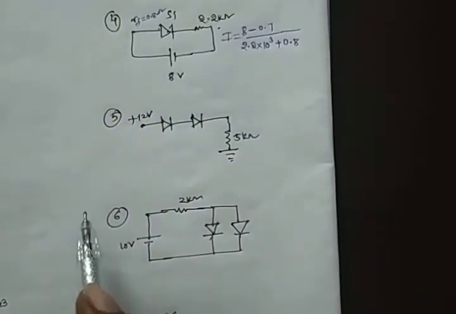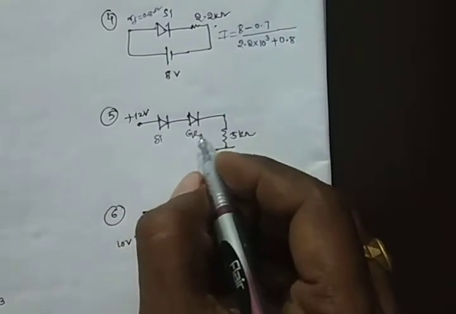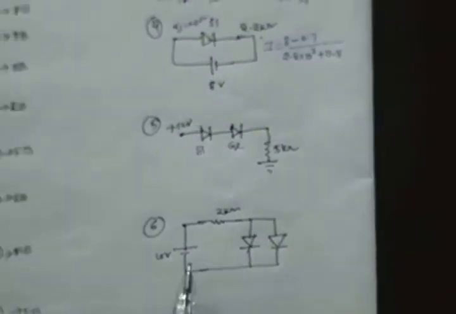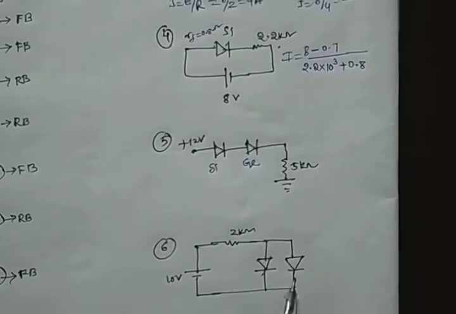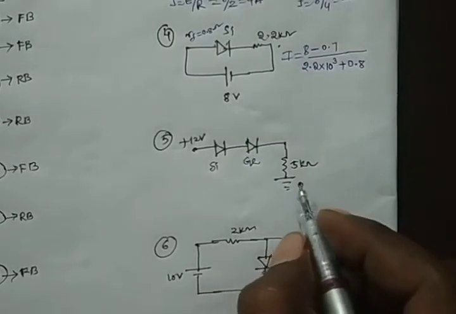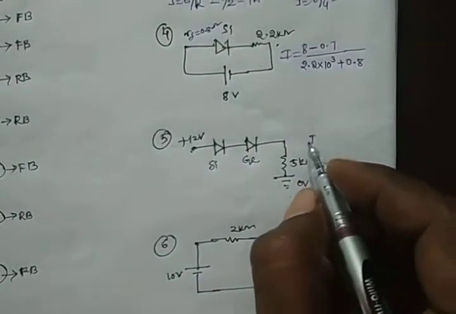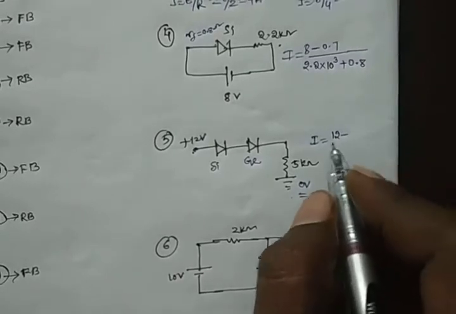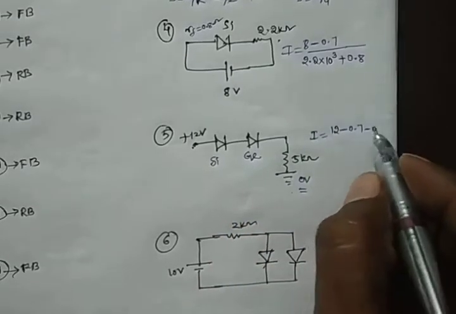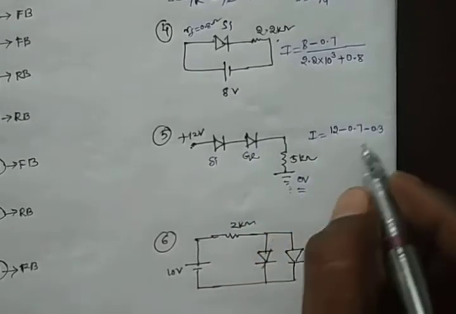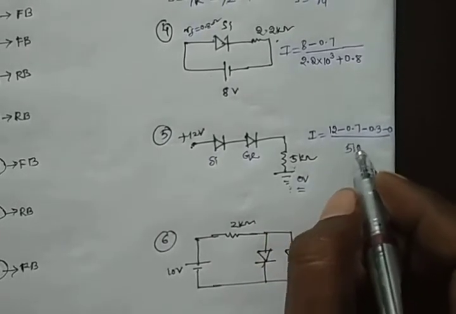Next, for the fifth problem, see, this is the silicon diode and this is the germanium diode. They are said to be in series combination. So this is how much? 0 volt. What is the potential difference? You can write I is equal to 12 minus, for silicon 0.7, minus, for germanium 0.3, minus, for N side 0, by 5k.